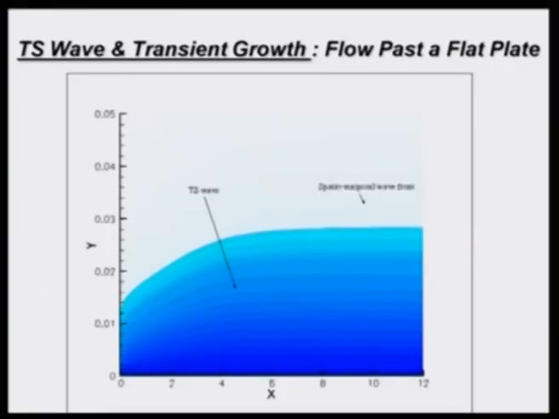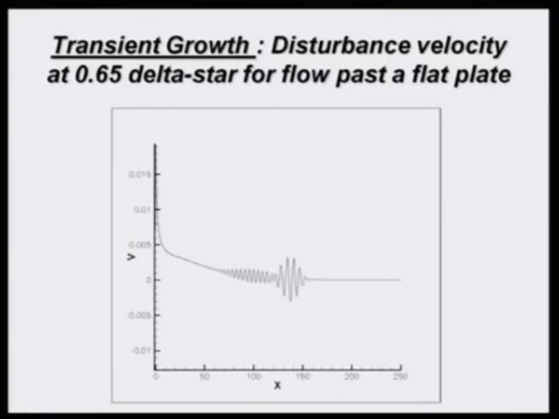Now, what we could do is see similar such things for another case. Yeah. So, this is what we did not show in the last picture, now you are seeing. So, this is your TS wave packet and this is a spatiotemporal front, and you can see what I just said, that this wave front could be huge, and this is a kind of picture that you can get from a very high quality Navier-Stokes solution.